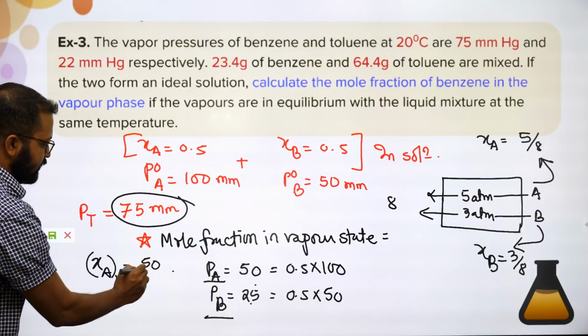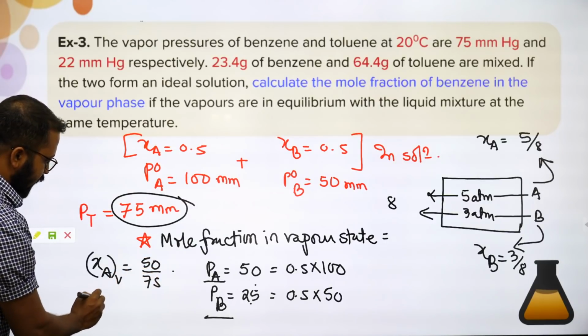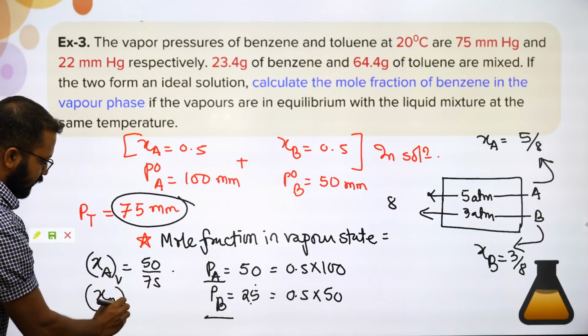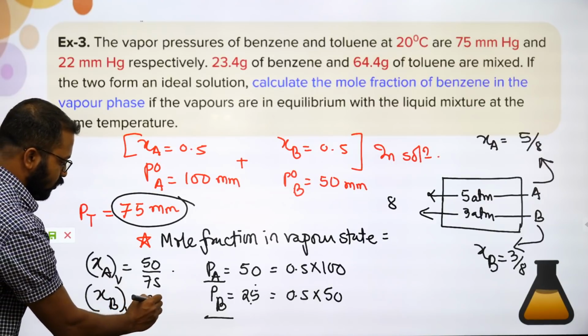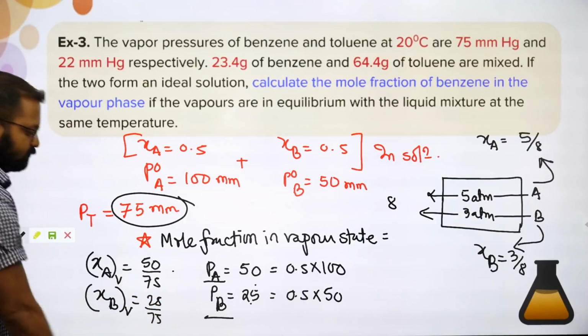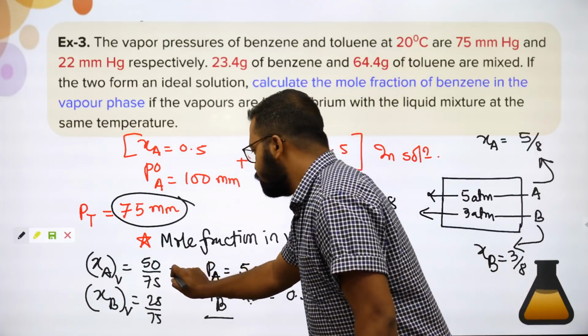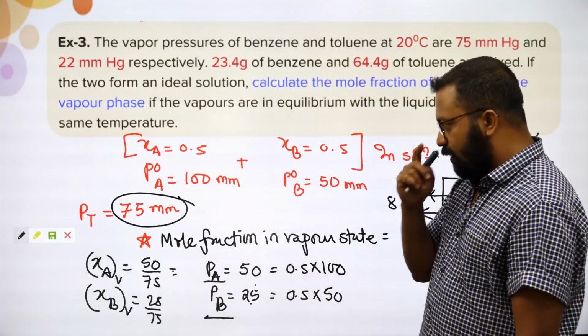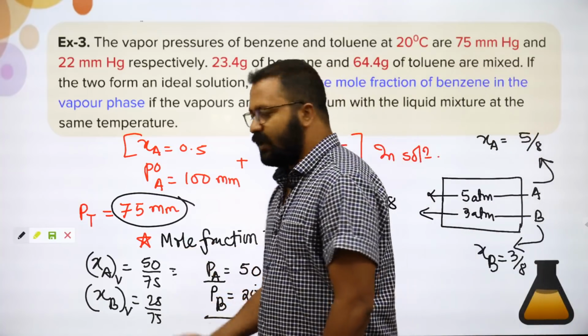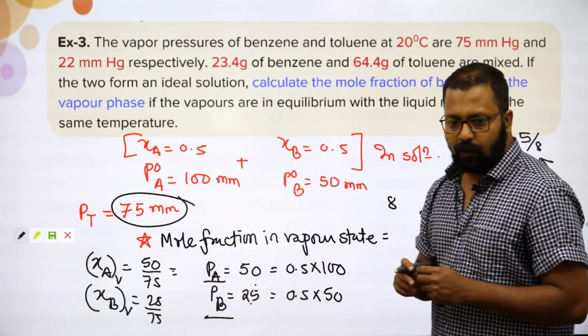That will be 50 by 75, and mole fraction of B in vapor state is 25 by 75. So 50 by 75 will be equal to how much?